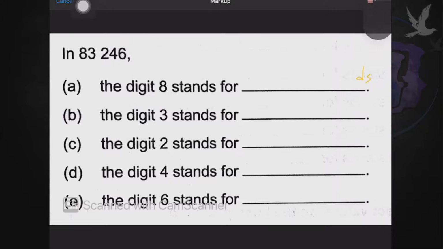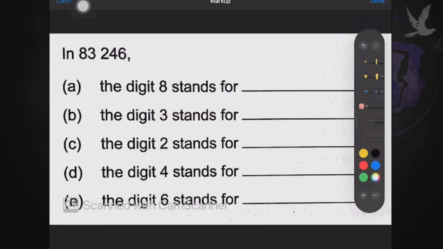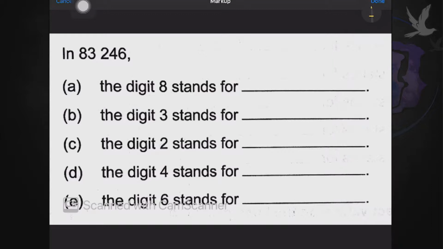Let's do that again. The digit 8 stands for 80,000. Or you can write it as just 80 thousands, like what I wrote earlier. But in this case, all you have to do is just to write this number here, just the value itself.